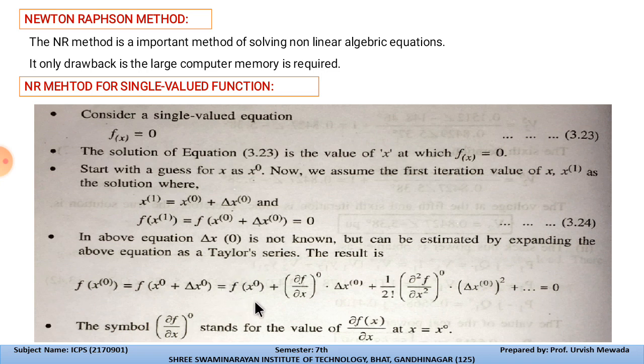We can use this series to find the solution of the single valued function. The symbol del f by del x raised to 0 stands for the value of del f by del x at x equal to x raised to 0.